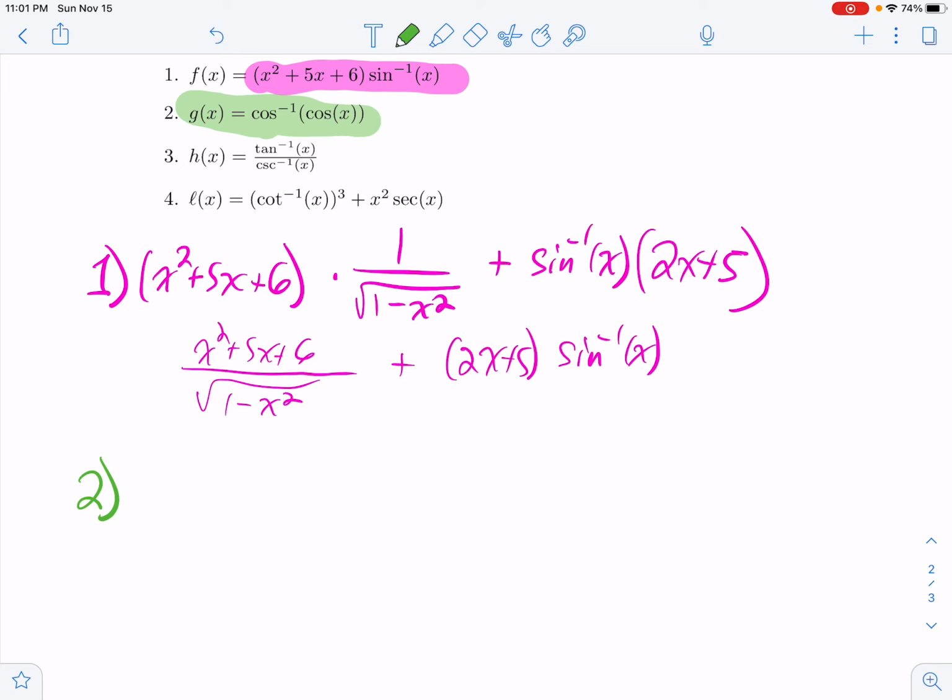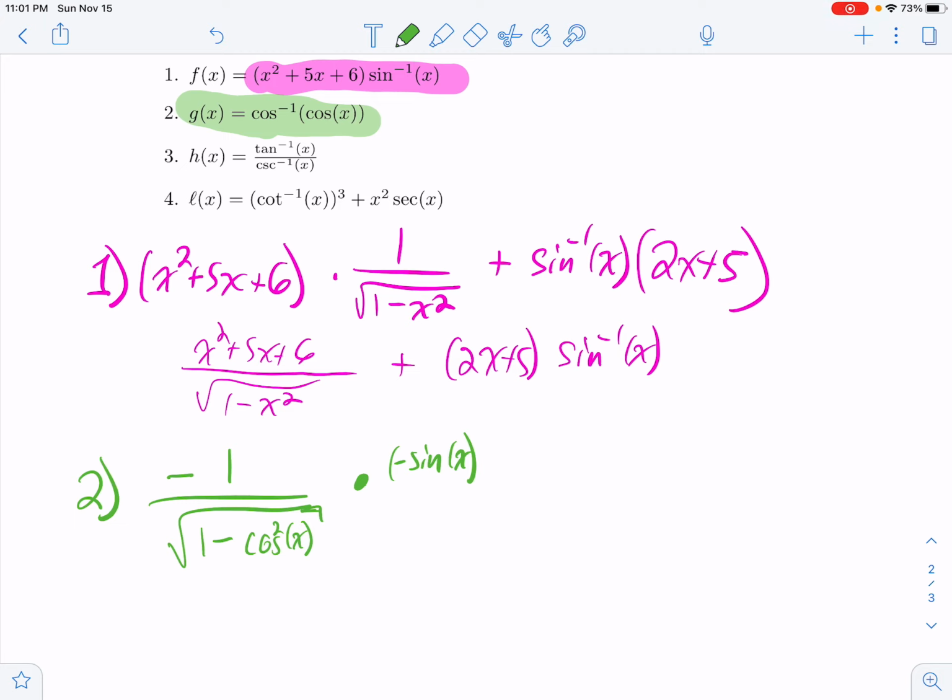So the derivative of the outside is negative 1 over square root 1 minus x squared. But of course, 1 minus x squared is taken up by cosine here, 1 minus cosine squared of x. And this is then times the derivative of the inside, which is negative sine of x.